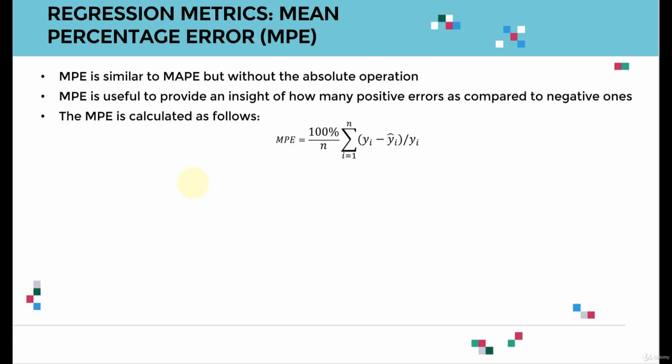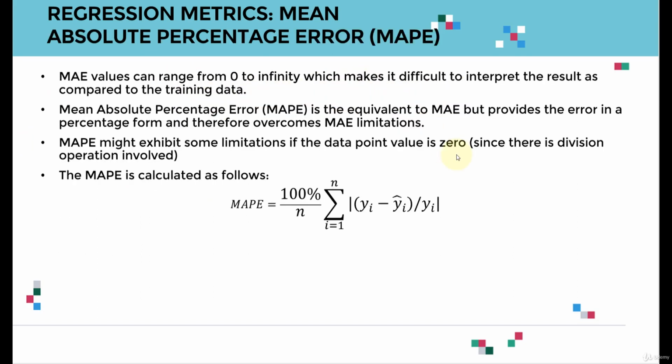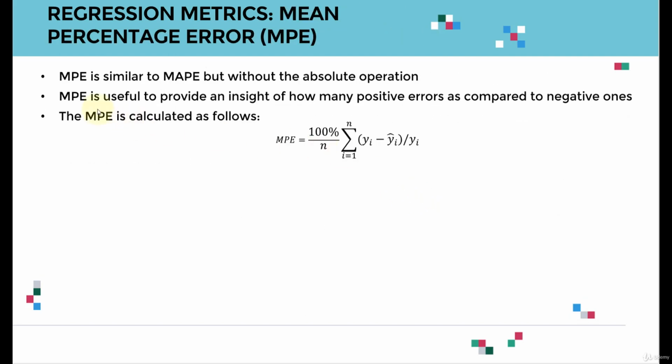All right, the next metric is mean percentage error, or MPE. MPE is similar to MAPE, but without the absolute operation. So basically here, we just got rid of the absolute operation. MPE is useful to give you an insight into how many data points I have in the positive and in the negative.